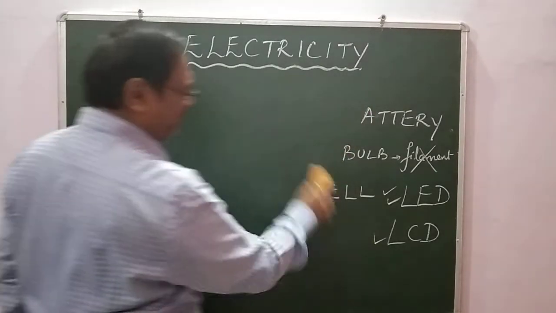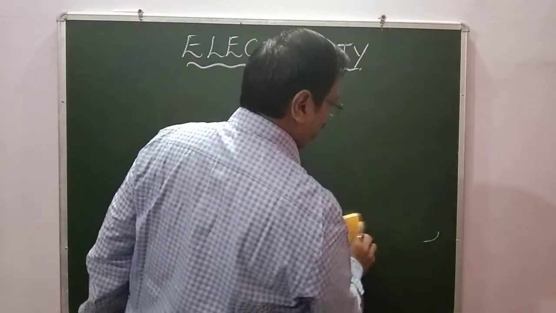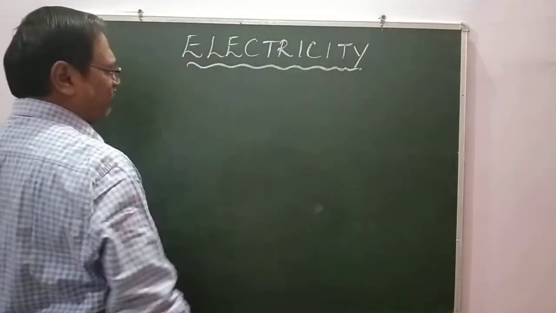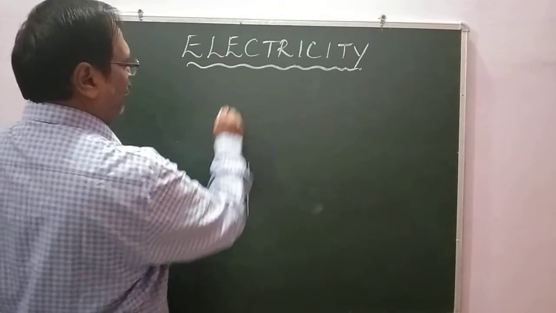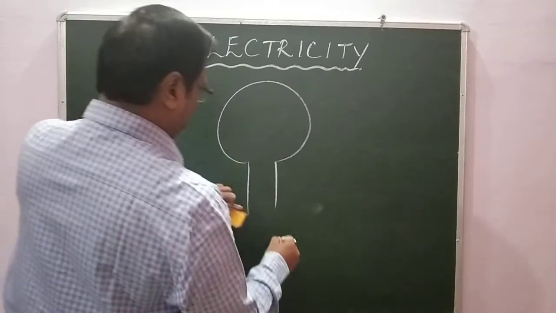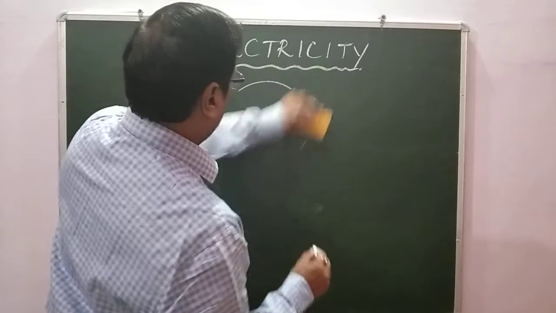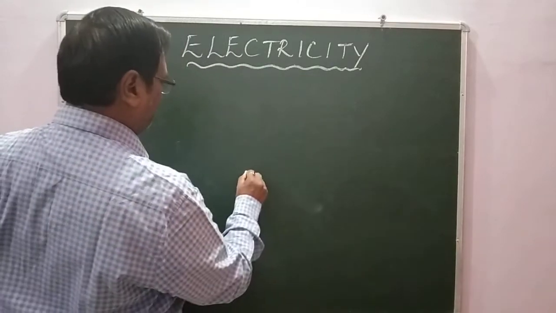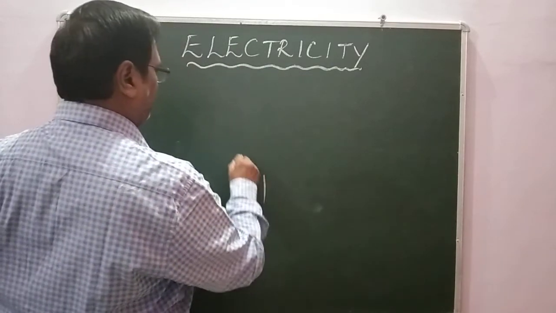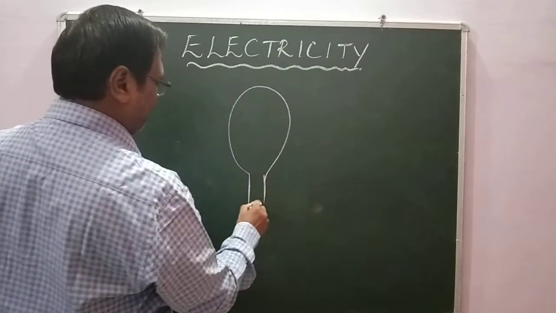Now, at the end of this video, I am going to show you one small thing. In olden days, bulbs used to be something big, let us say like this. Let me draw carefully. Yes, a bulb like this, right?